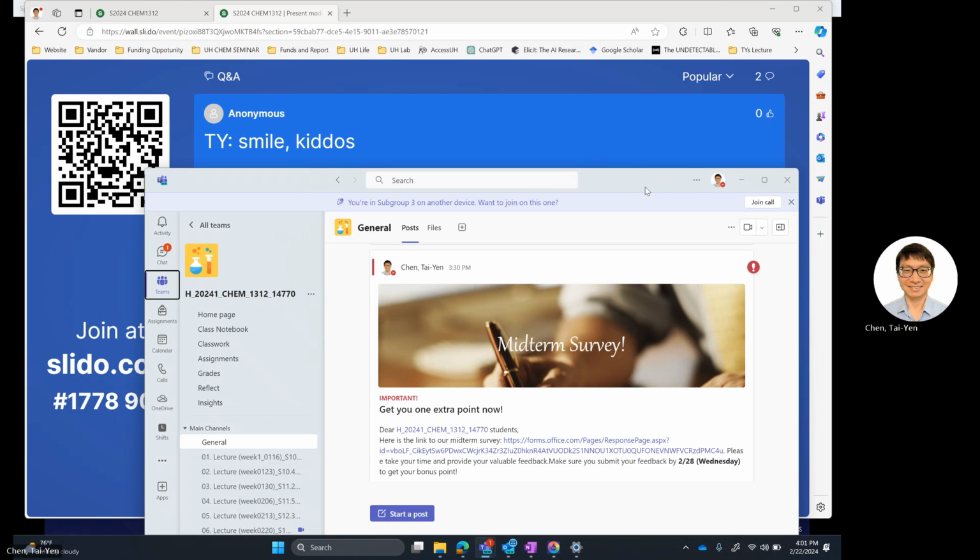The other thing is that because you did all the things on Cengage, Cengage sometimes is very picky about the way you input your answer. It may be super picky about the significant figures that you input.